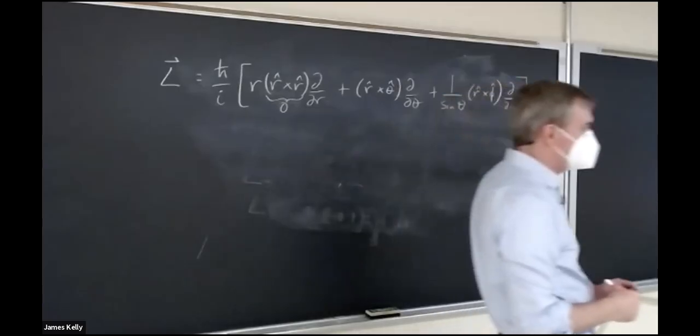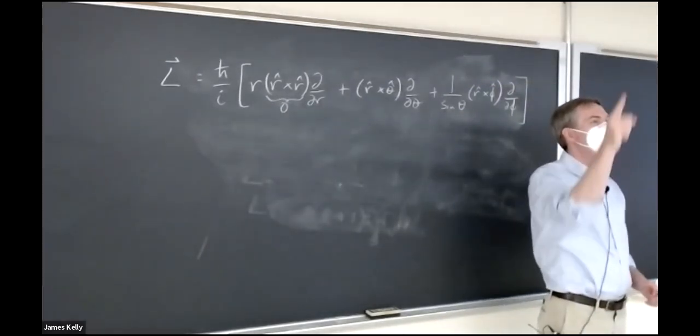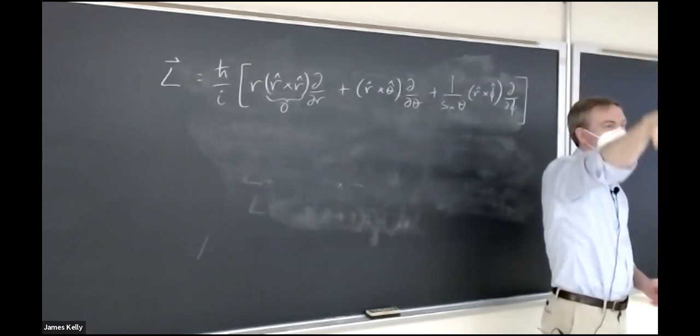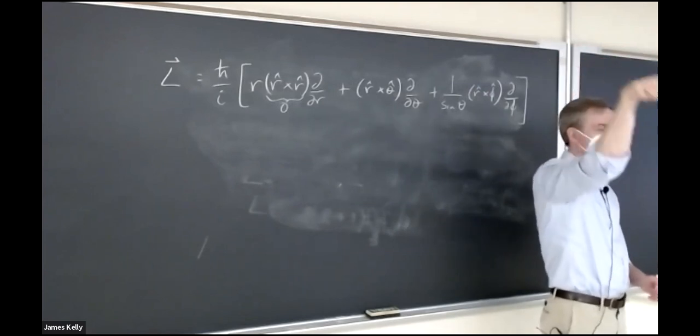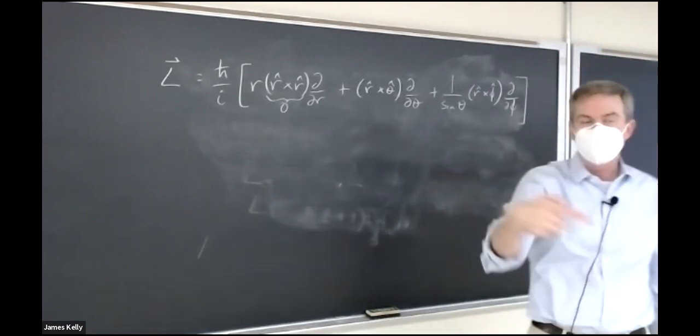Phi hat. Yeah, I'm reminding you of the directions: r hat always points in the direction of increasing r at every point in space. Theta hat points in the direction of increasing theta, so it points kind of in this direction. And phi hat always points around in the direction of increasing phi.